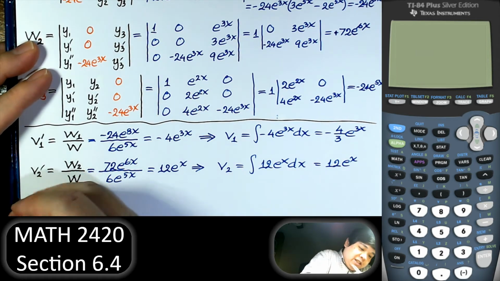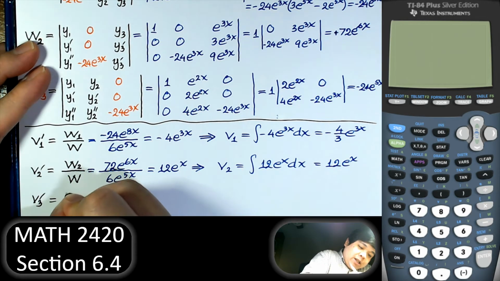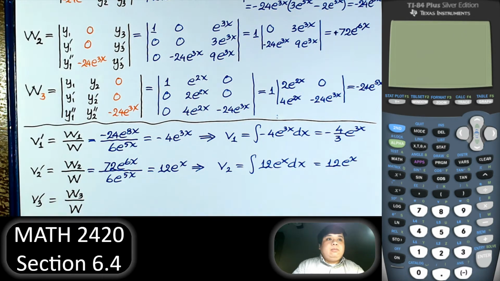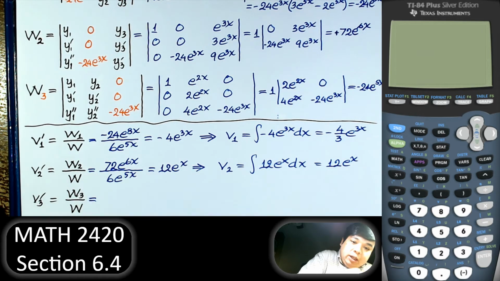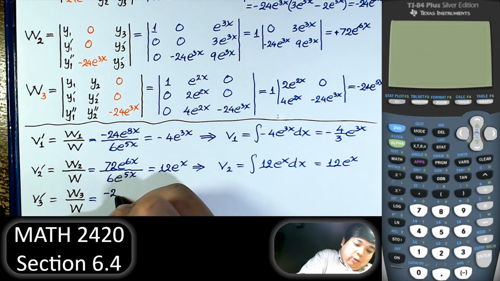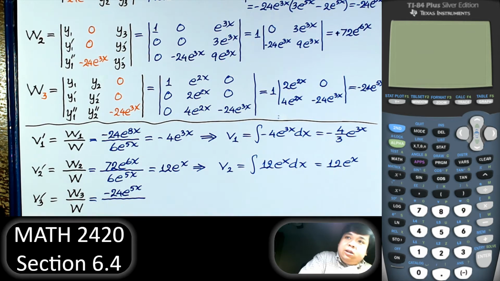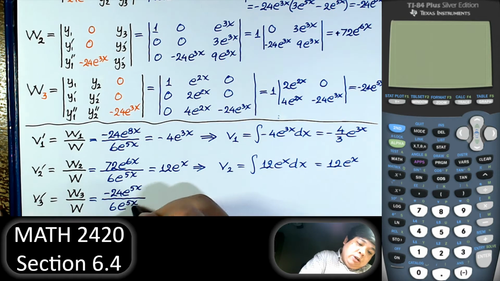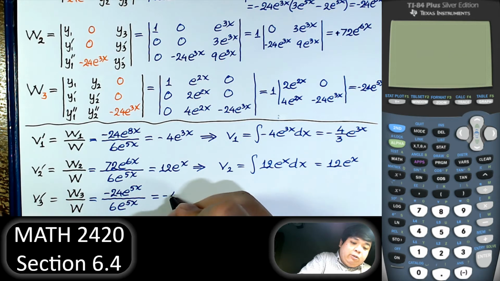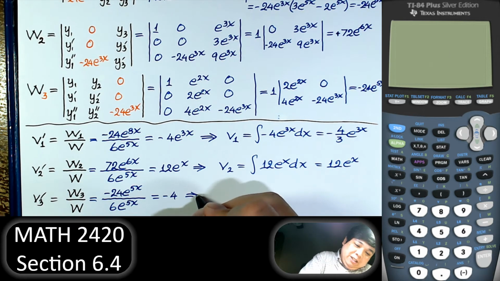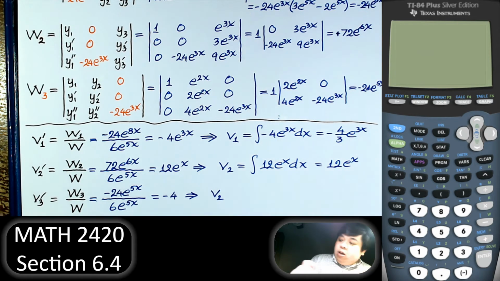v3 prime is W3 over W. W3 is negative 24e^(5x). And then 6e^(5x) is W. Divide them, we have negative 4.